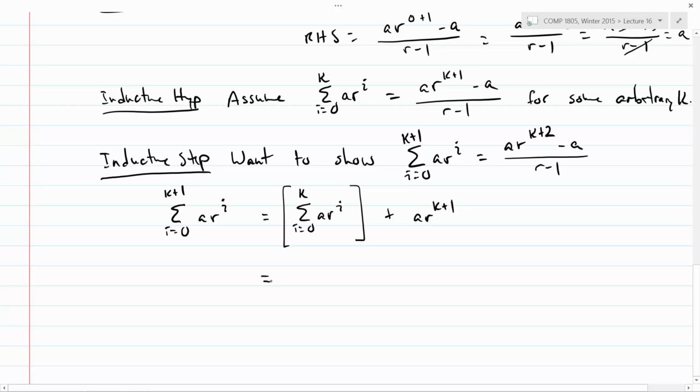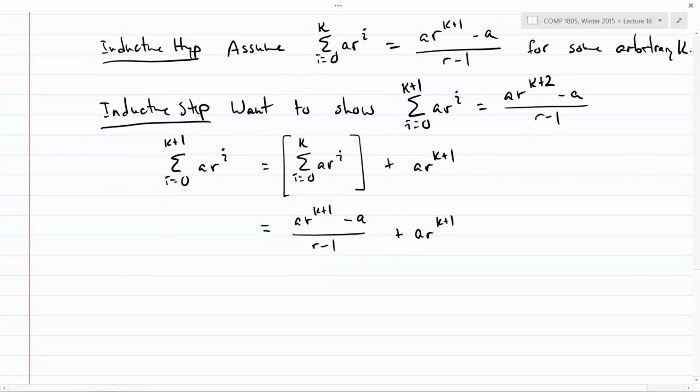We know this sum by our inductive hypothesis is just (AR to the k plus 1 minus A) over (R minus 1). And we have this AR to the k plus 1 out here. So it looks like we're in pretty good shape. We just need to do a little bit more work to get it into the same form so we're sure that it's correct. If I want to add on this AR to the k plus 1, I need a common denominator.